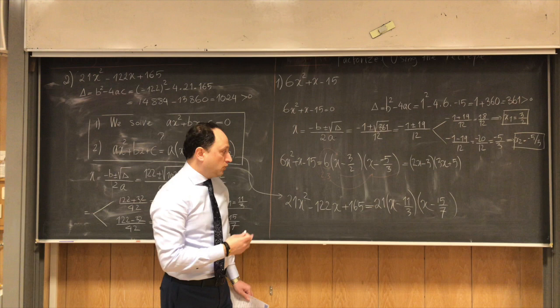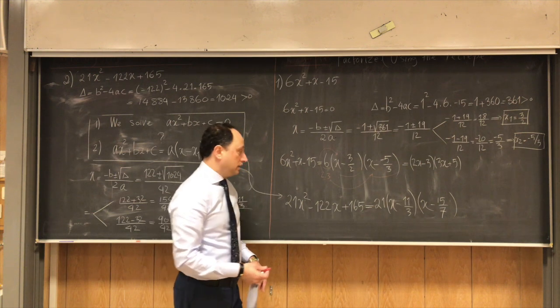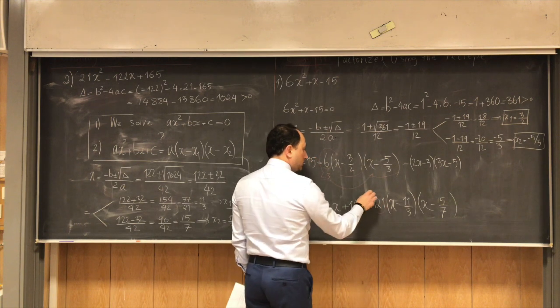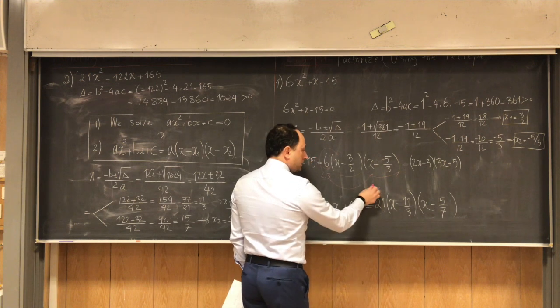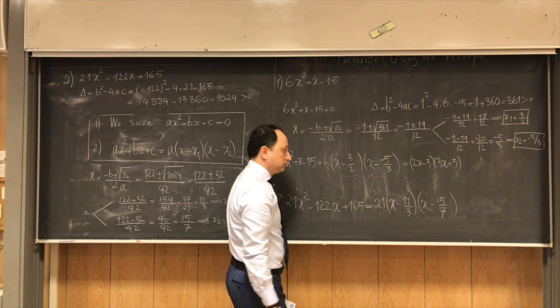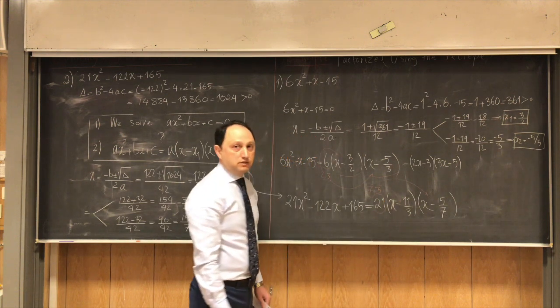I want to do it, if possible, on the set of integers, and then it's easy to see that this 21 can be written as the product of 7 times 3. I will take this 7 and multiply it here to get rid of that 7 in the bottom, and then this 3 I multiply here to get rid of that 3 in the denominator.